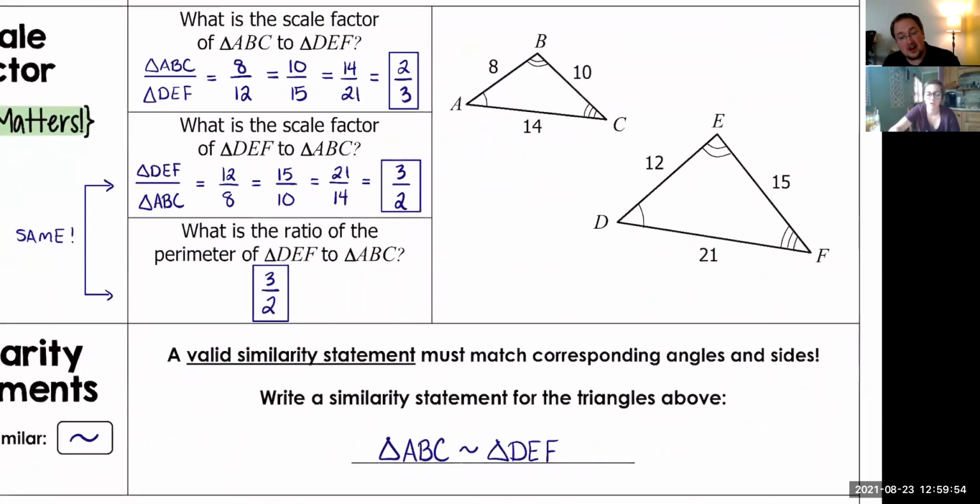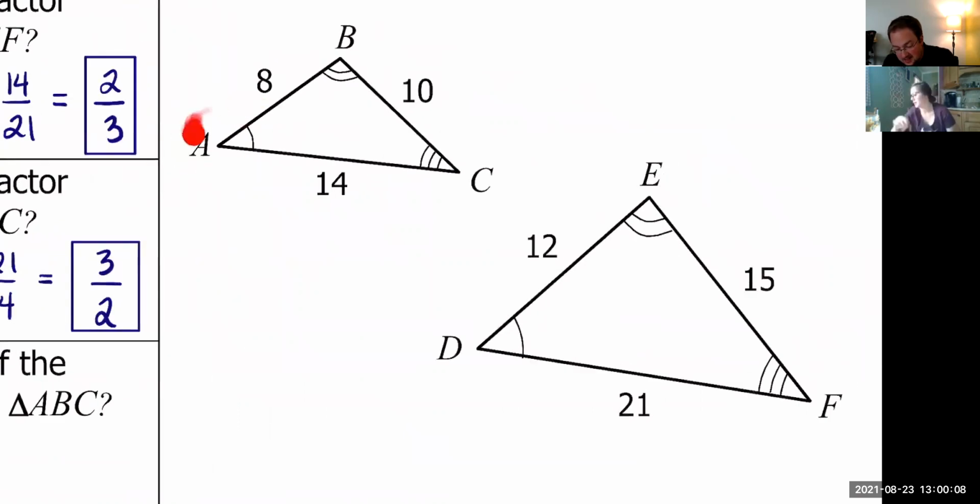Let me go back to an earlier example here real quick. When I wrote my similarity statement here, I was very deliberate to make sure that the order I put in one matched the corresponding angles I put in the other. If you notice the notation here, I went A, B, C, so I had to match the congruent angles. A is congruent with D, B is congruent with E, and C is congruent with F. If I go A, B, C for the first one, I have to match that same pattern, D, E, F, for the second.